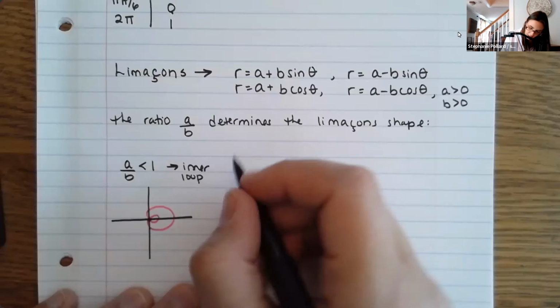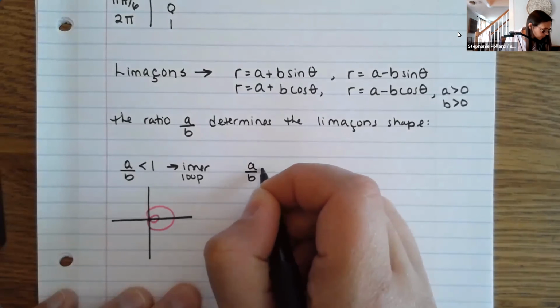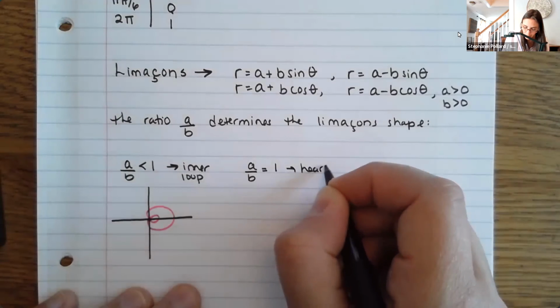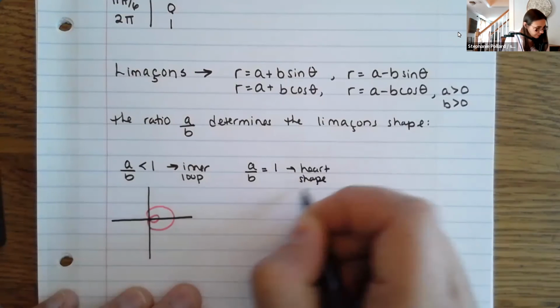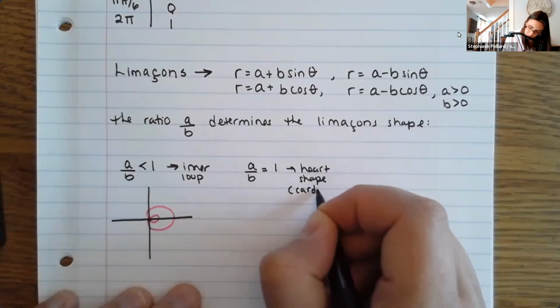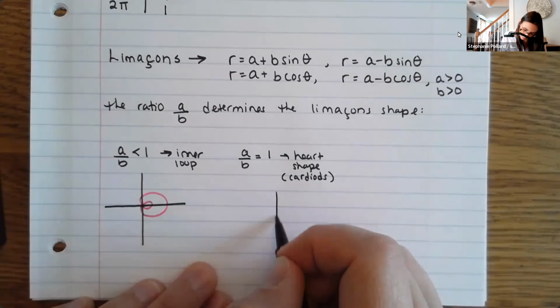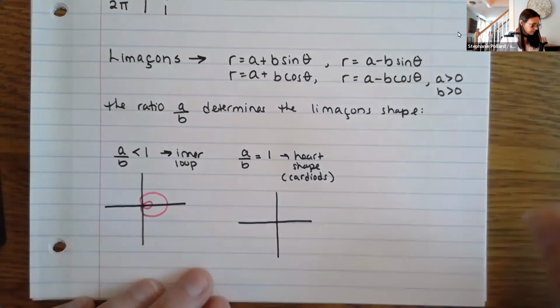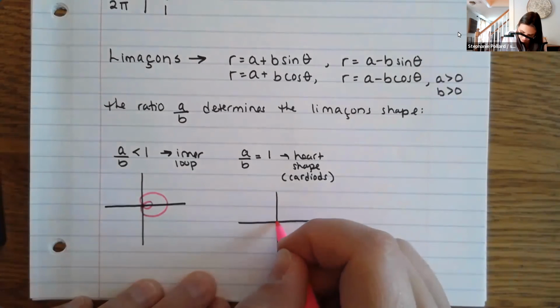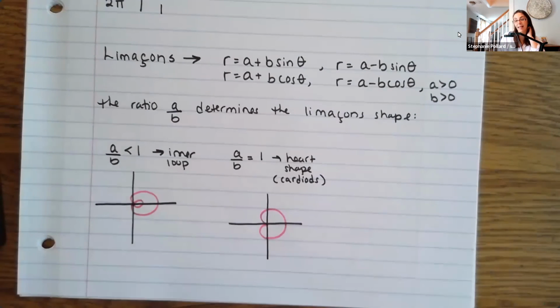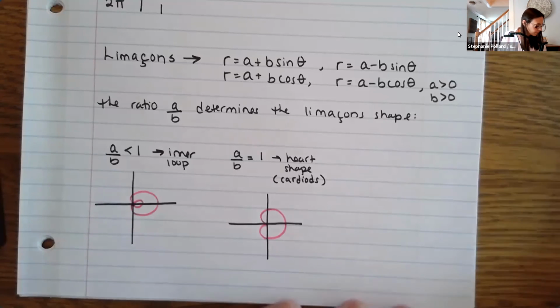If your A over B equals 1 exactly, then what happens is you have a heart shape. These are actually called cardioids. So it kind of looks like this. Kind of looks like I guess like a kidney bean, also like a lima bean or something like that. But they're called cardioids. They're heart-shaped.